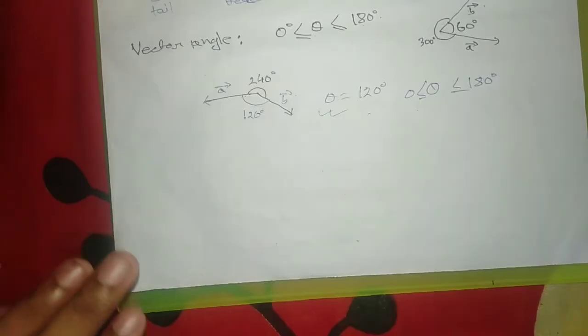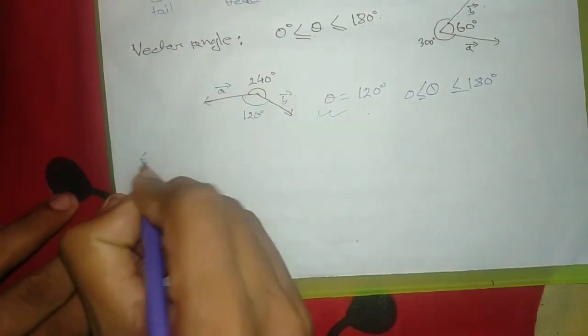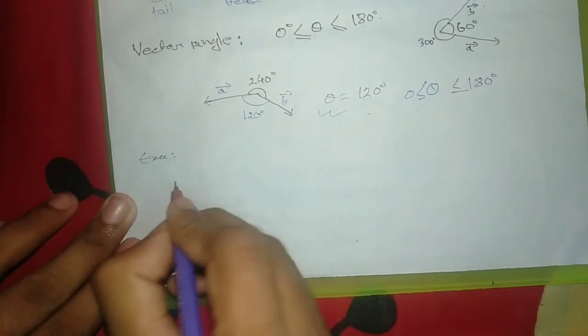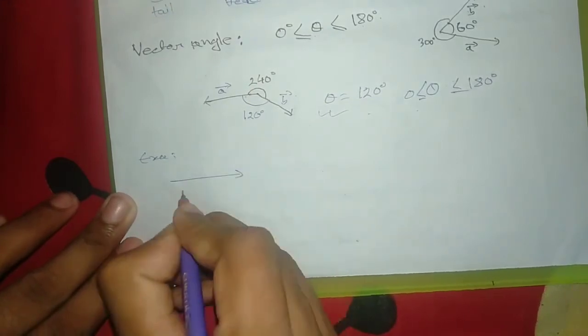Angle between two vectors. Okay, example, this is a vector.